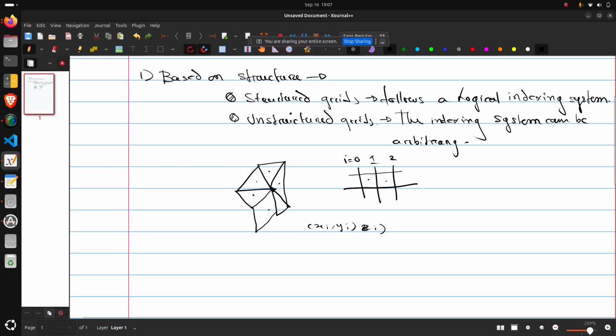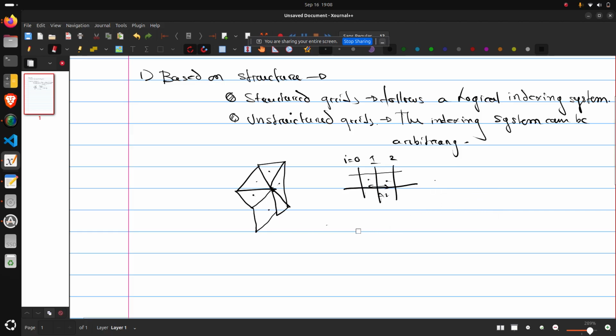Here, if you just know delta x, you can go on: the grid locations are i times delta x plus delta x by 2, and y will be j delta y plus delta y by 2. Some logical system will be there, which you can follow in storing these indices.